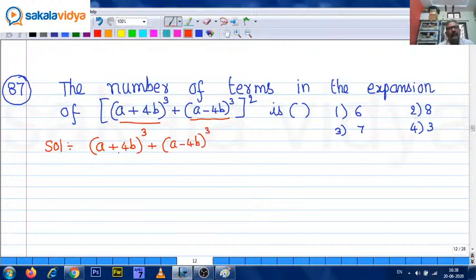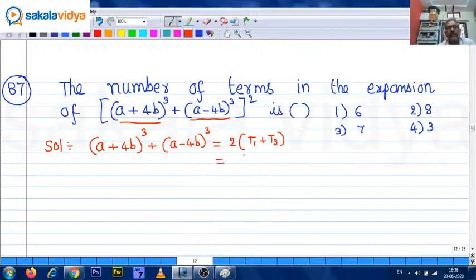For example, a plus 4b whole cube has 4 terms. If you add these two, you will be getting 2 times t1 plus t3, the odd terms, so only 2 terms you will be getting.